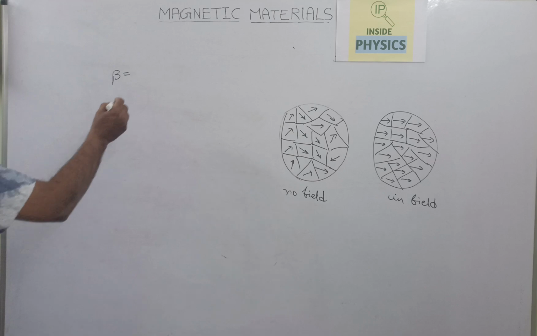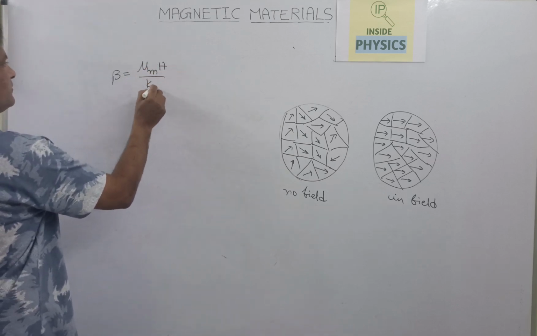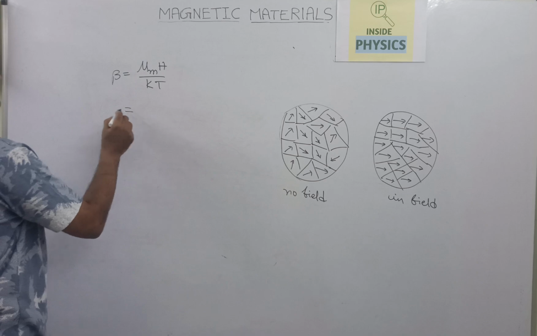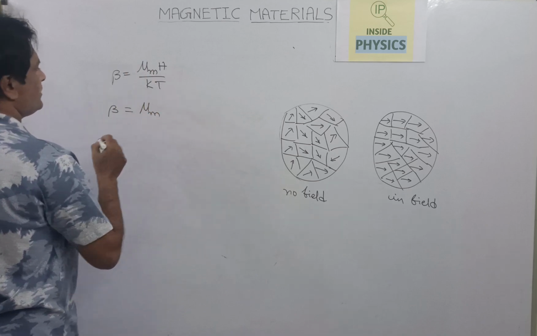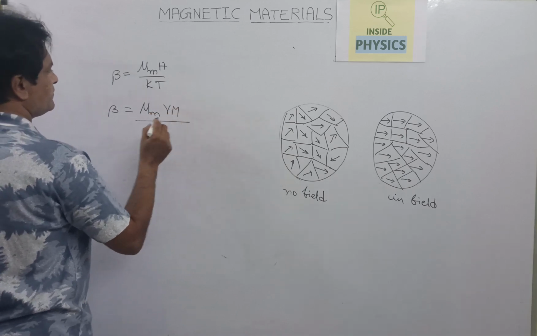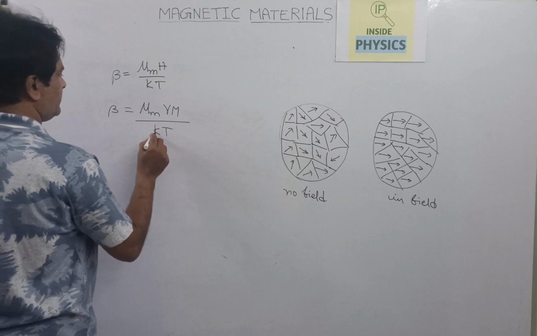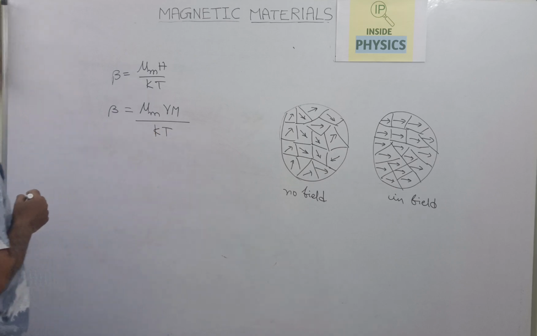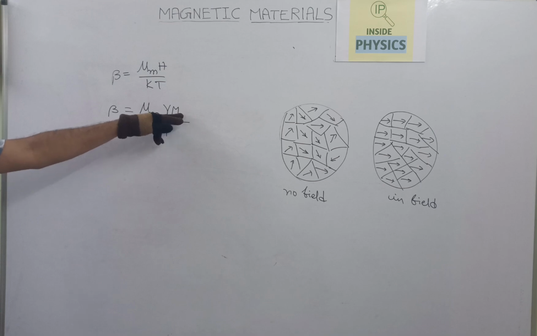This is equal to mu m gamma M by kT, where mu m is the permeability of the medium and gamma is the Weiss constant. In this way we can understand the relation between magnetization and the Langevin variable.